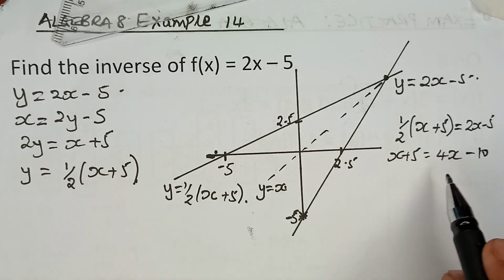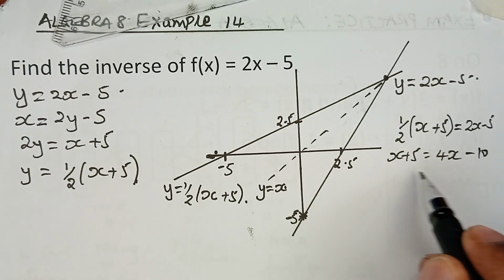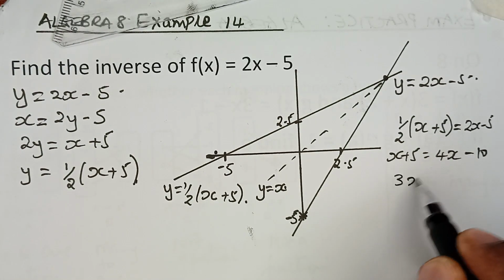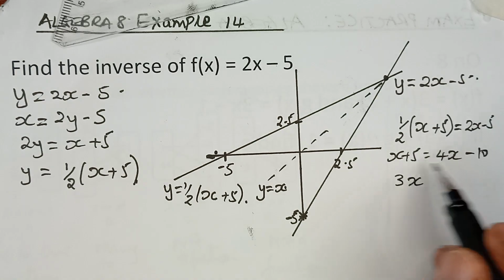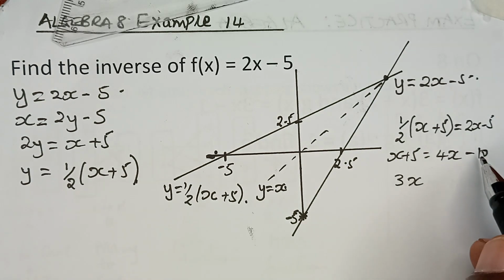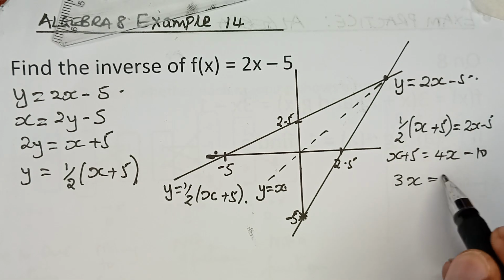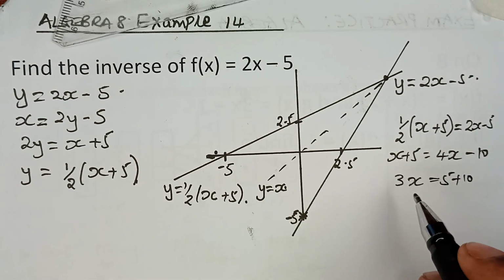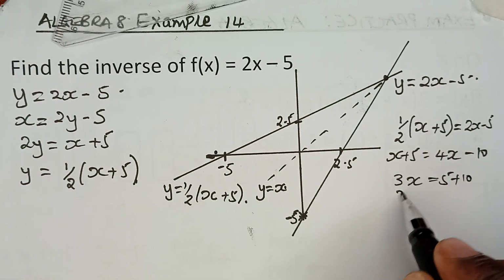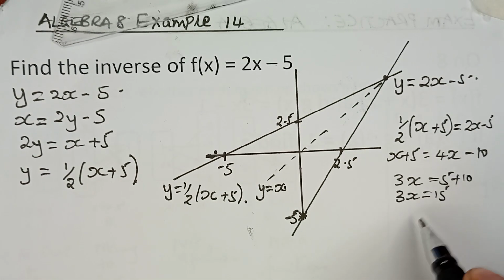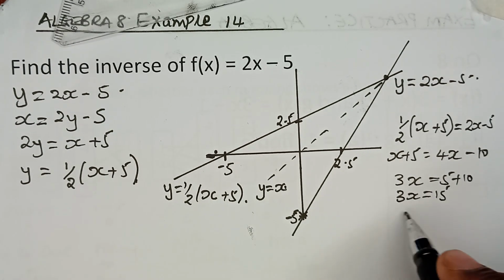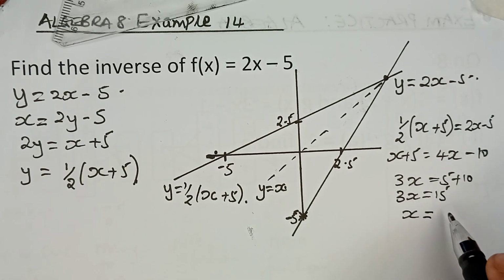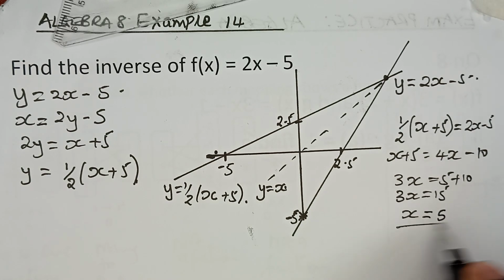And you realize that now when x comes this side it becomes 3x, and the negative 10 comes this side it becomes 5 plus 10. And you can see 3x is 15. And we divide everything by 3, x is equals to 5.